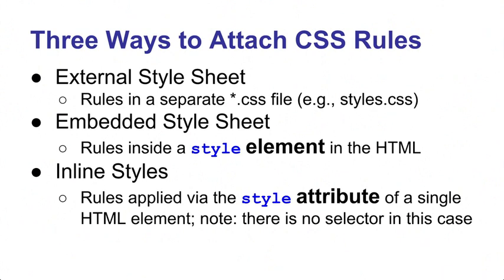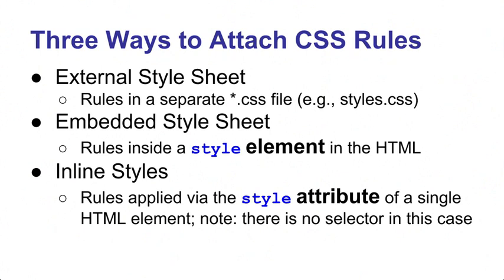Like the external style sheet link, the style element typically goes in the head of the HTML document. The last way, with inline styles, uses the style attribute found in all visible HTML elements. An inline style rule only applies to a single element, the one whose style attribute is being set, and just includes the declaration block without the selector part of the rule.